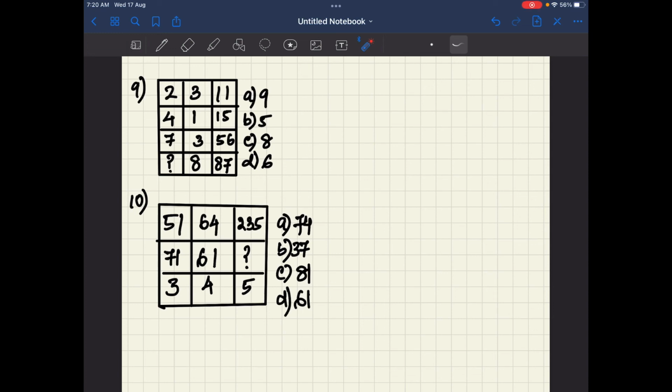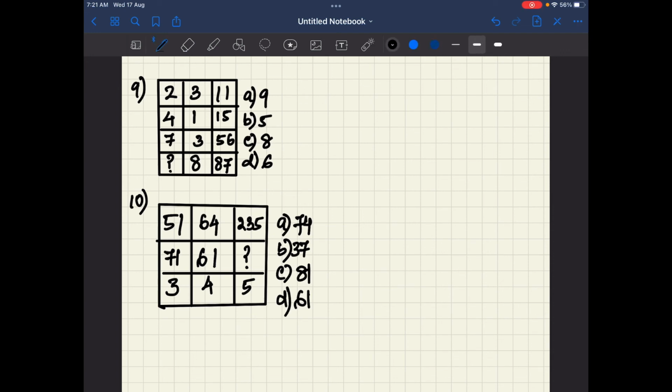A common digit is subtracted from the result we are getting, so it's nothing but 2 square plus 3 square minus 2. 4 square plus 1 square minus 2. 7 square plus 3 square minus 2.